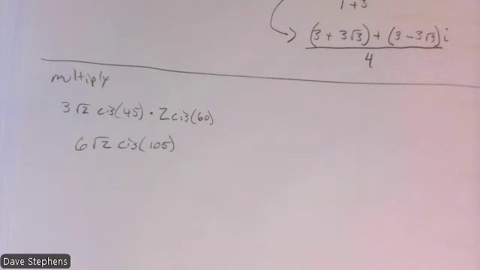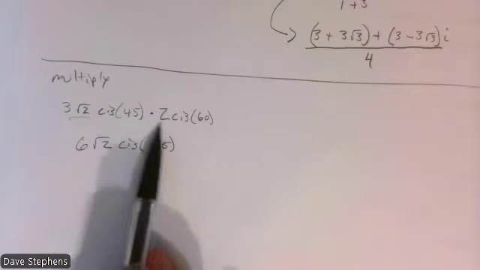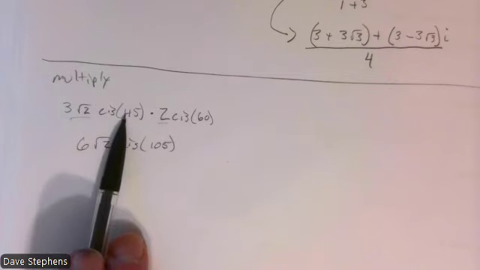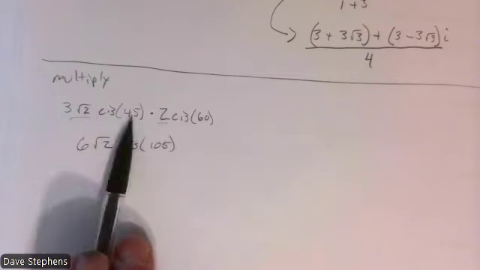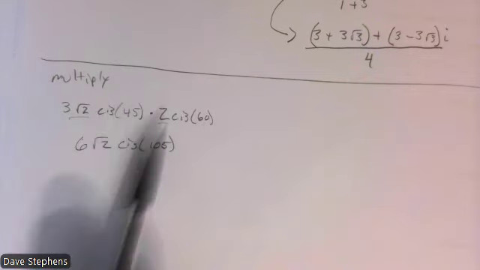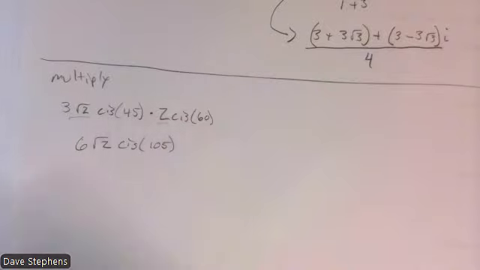Now, if we're going to divide, right, division matters. The order matters with division, right? So since in multiplication we multiply the radius and add the argument, in division we would divide the radius and subtract the argument, right?